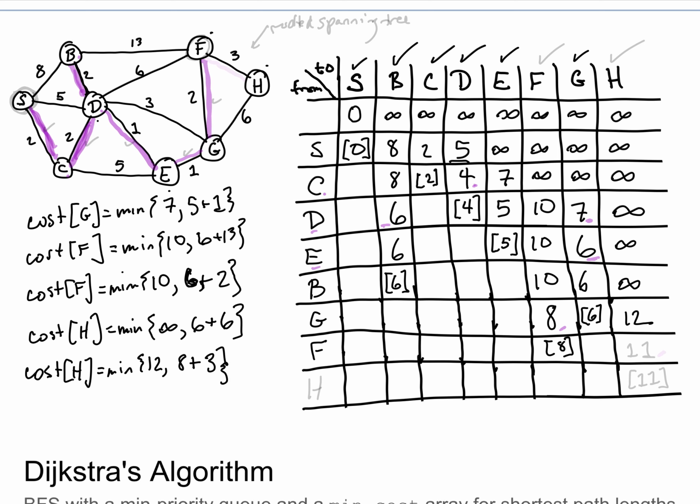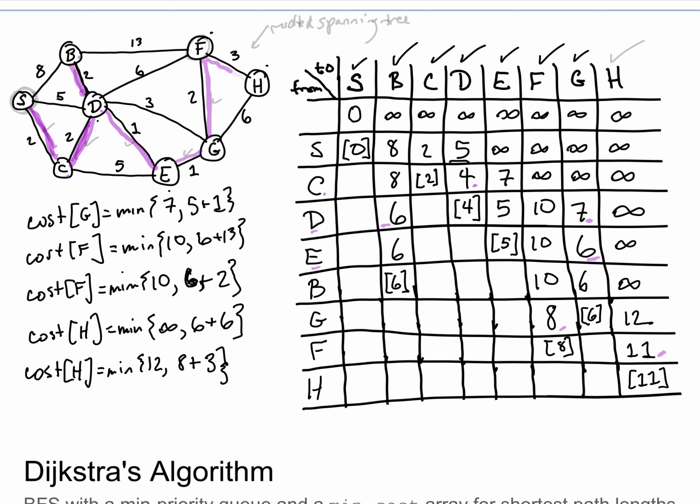So this is now updated as 11. And we've now processed the vertex F. Among all unprocessed vertices, well, there's only one left, and so the minimum weight is 11, and now H can be processed. H is being processed, so we've got its most recent change happened from F.